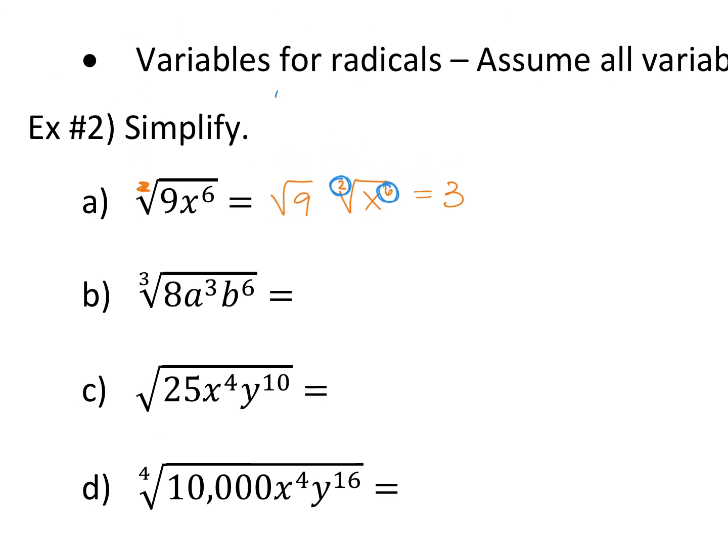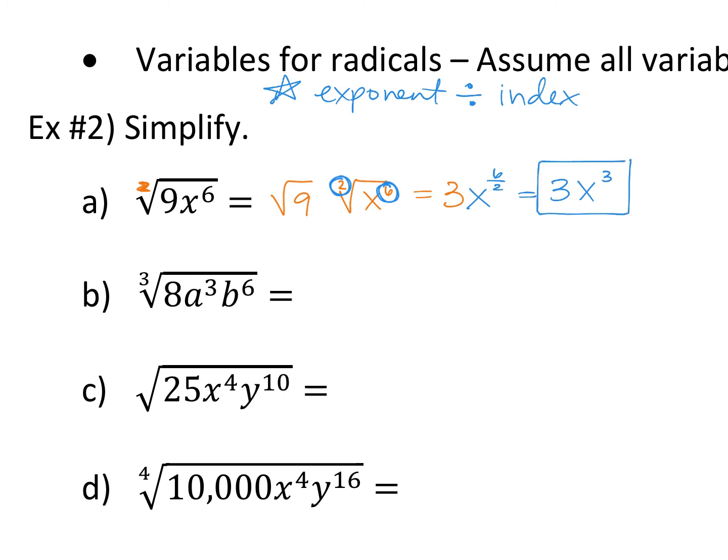Maybe you want to make a little note of that up here: exponent divided by index, okay? So the square root of x to the 6th would be x to what power? The 3rd, right? 6 divided by 2 gives you 3. So it's 3x to the 3rd power.